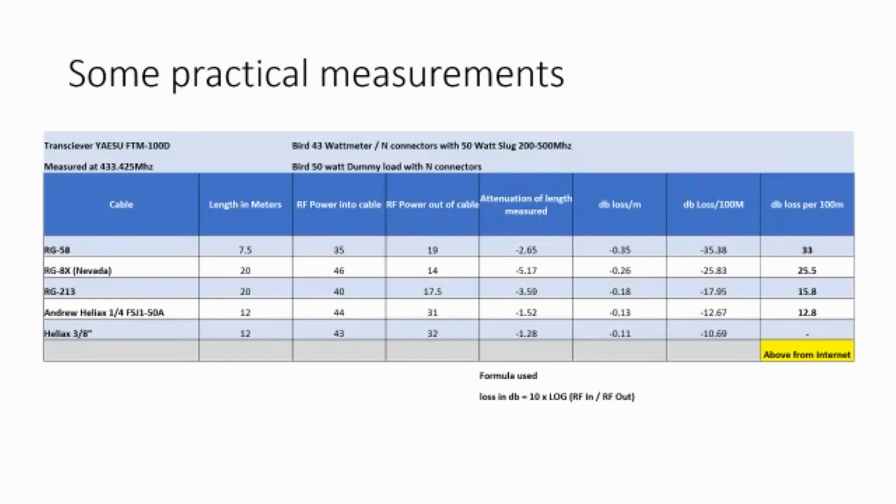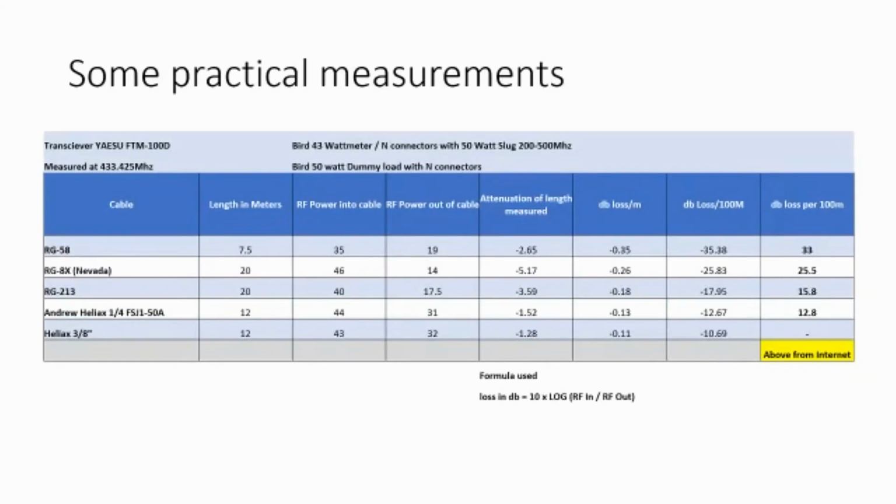The Nevada RG8X, again, it's a 20 meter length of cable, 46 watts in, 14 watts out. For the length of cable, I had 5.17 dB of loss. That worked out at 25.83 dB per 100 meters.